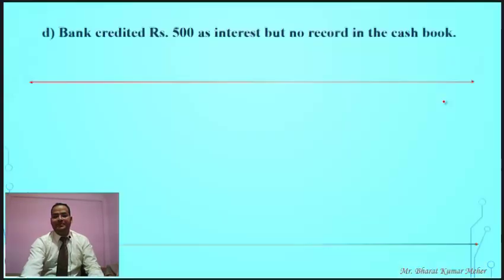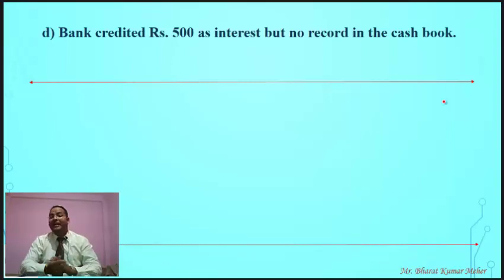Next point. D. Bank credited rupees 500 as interest but no record in the cash book. Now bank credited, I have already told you. If bank credited, what does it mean? It means that bank has increased your passbook by 500. Why?